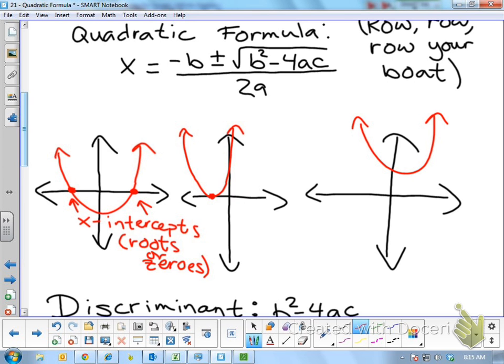So with those 3 possibilities, we have different names for those 3 options. The first one is we get 2 answers. And since we get actual answers, we call them real solutions. So our first possibility is that we have 2 real solutions.